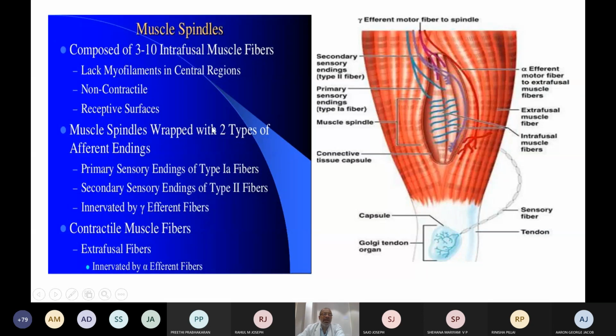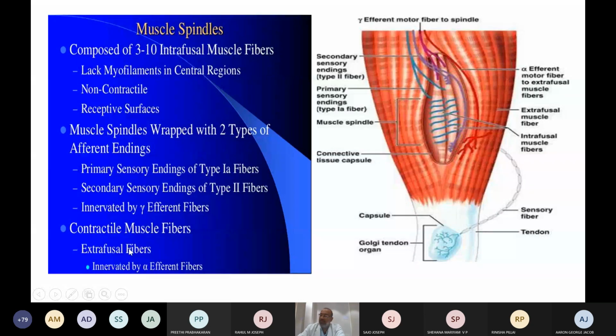Muscle spindles are wrapped with two types of afferent endings, primary and secondary. Primary is type 1A, secondary is type 2 fibers, and they are innervated by gamma efferent fibers, that is motor fibers.